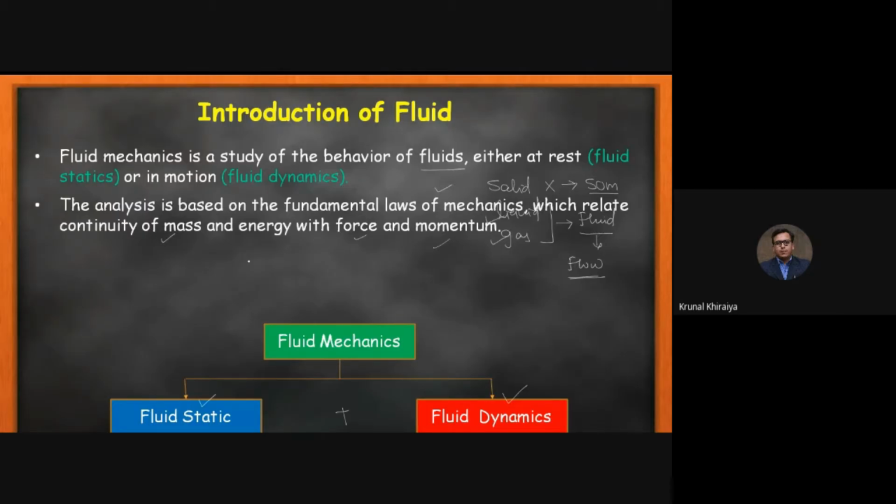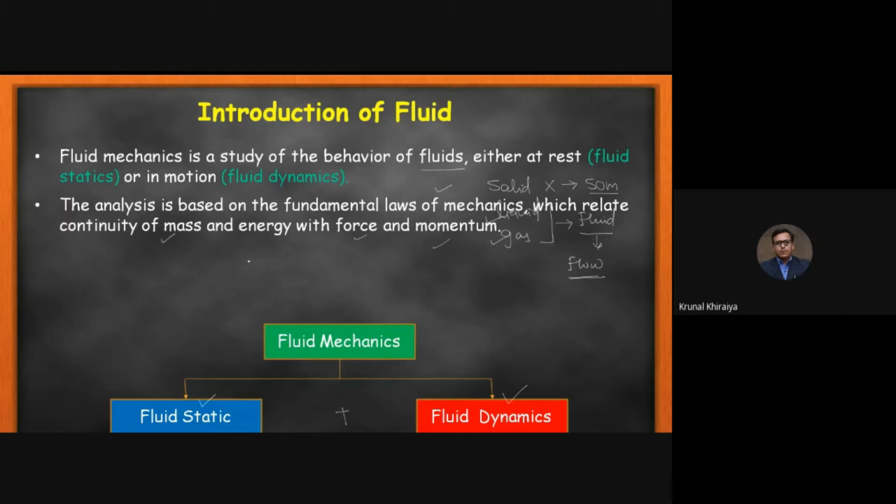So it is very simple: fluid means a substance which has an ability to flow, and we have three different states of matter, that is solid, liquid, and gas. Nowadays we also know plasma is a state of matter, but currently we are not taking that; we are going with the conventional ones.